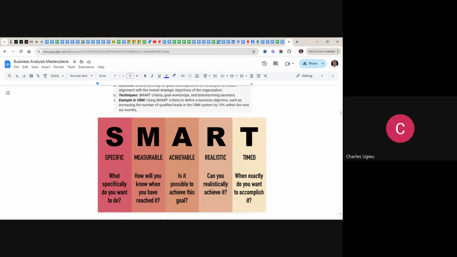The first thing, according to SMART, is that you have to be specific. What specifically do you want to do? You must be specific about it. Then, measurable. How will you measure when you have arrived at your destination? You need to have a yardstick to measure. If you're traveling, if you say you are going to Abuja from Lagos, how do you know that you have arrived at Abuja?